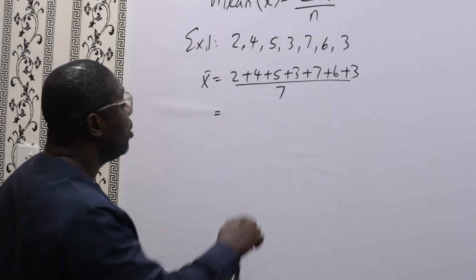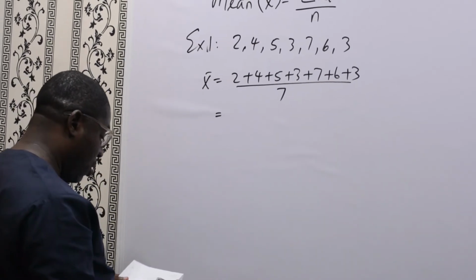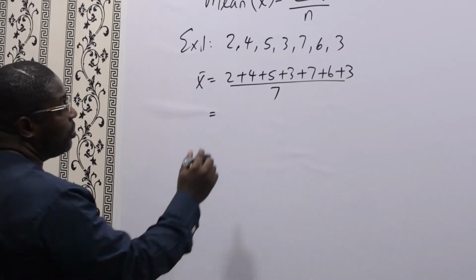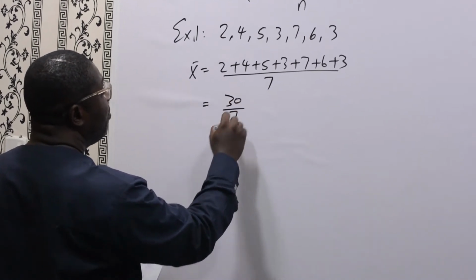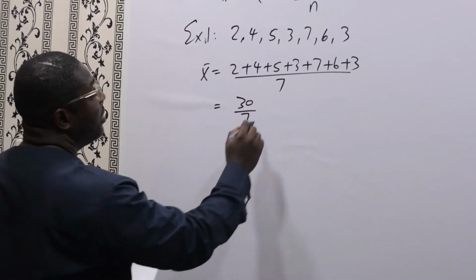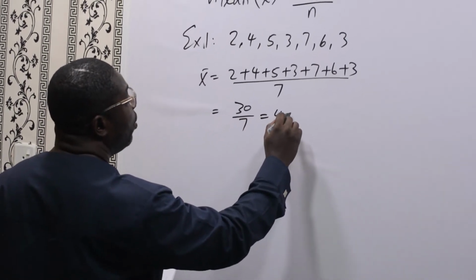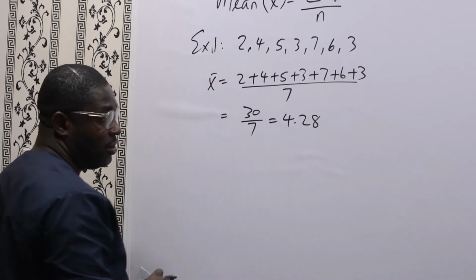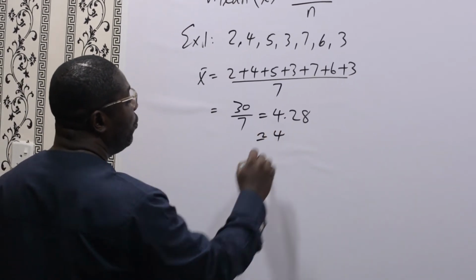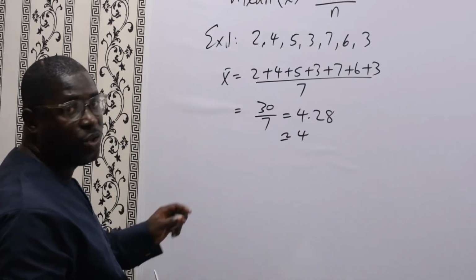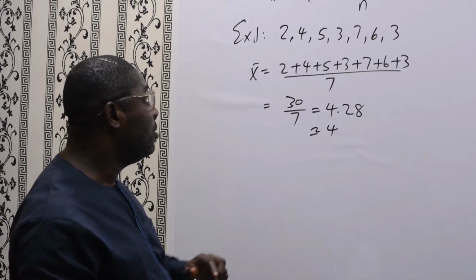Use your calculator and sum this up. You're going to discover that this will be 30. 30 divided by 7 will give us 4.28, approximately 4.